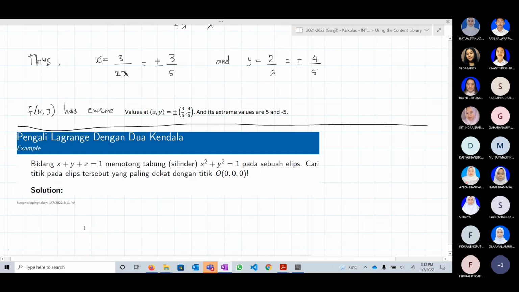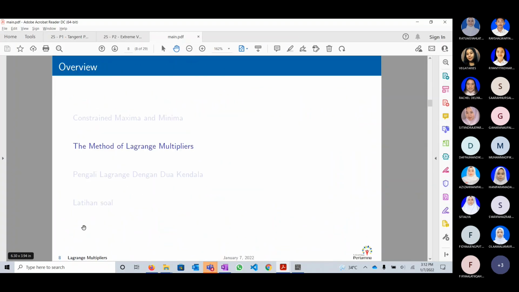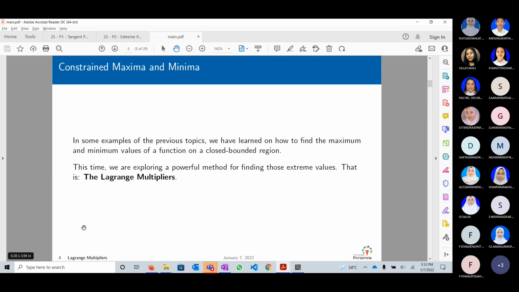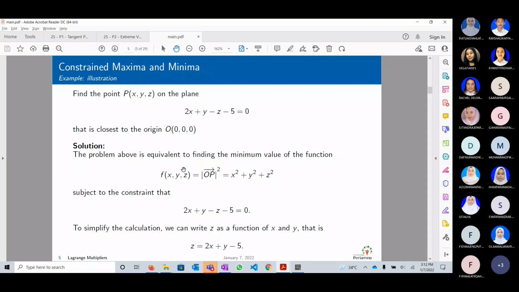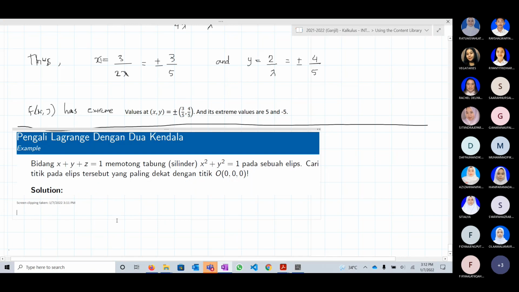We remember from our first problem that if we want to find the distance, then the function we want to minimize is this function.